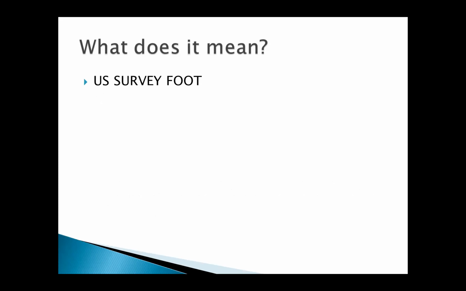U.S. survey foot. And by the way, if you hadn't got the idea, we're just bouncing down through some terminology that we'll see on surveys. U.S. survey foot. That's a little different from the international or imperial foot, the imperial foot being 0.3048 meters exactly.